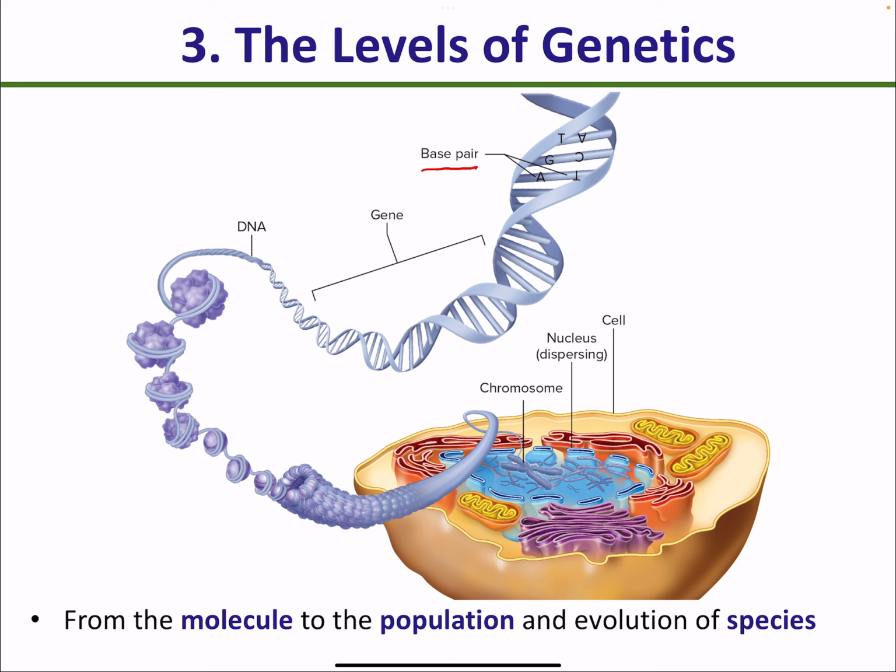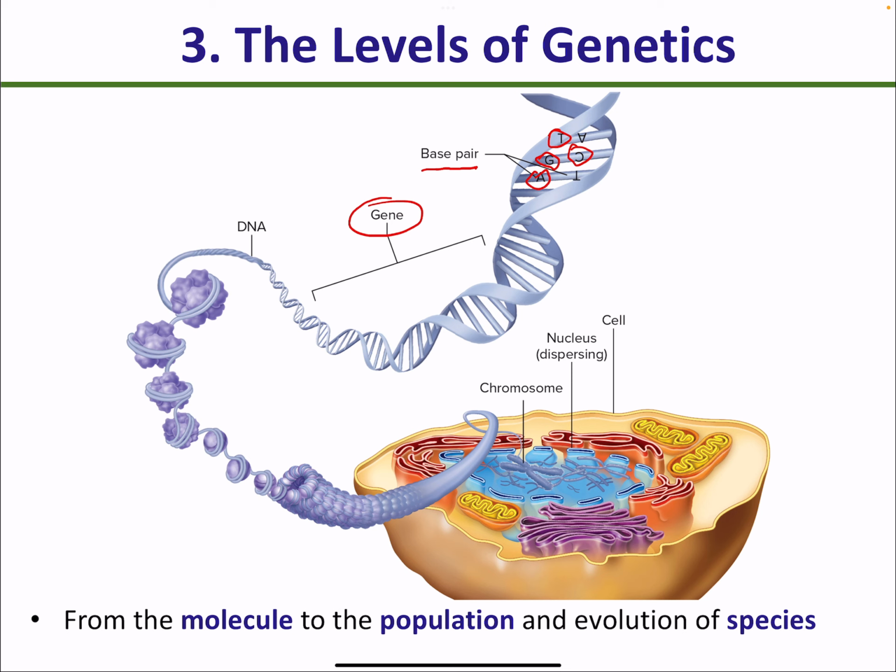DNA is a molecule that is made up of sequences of A, G, T, and C: adenine, guanine, thymine, and cytosine. That sequence of DNA is the very basis of the formation of genes.